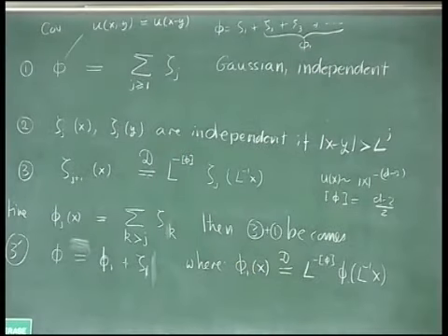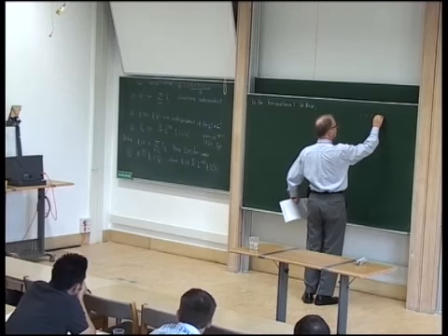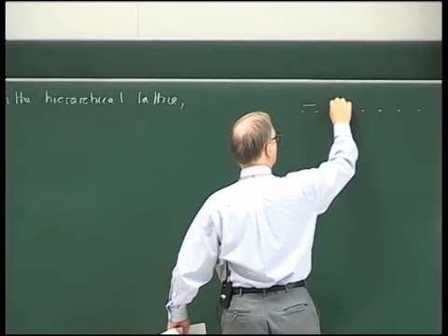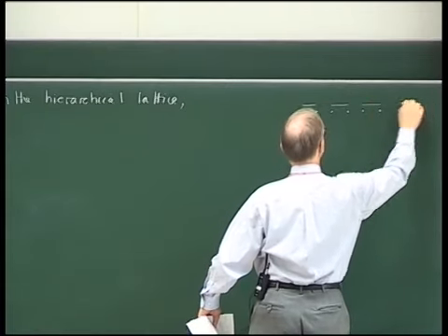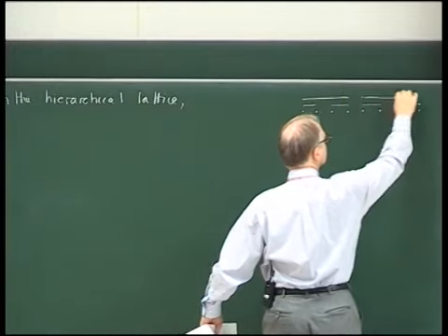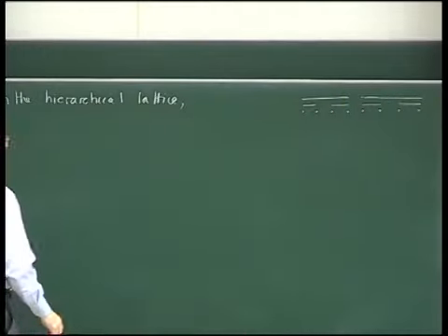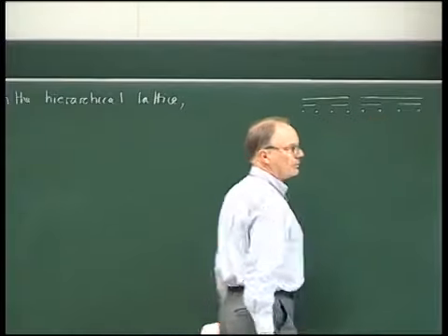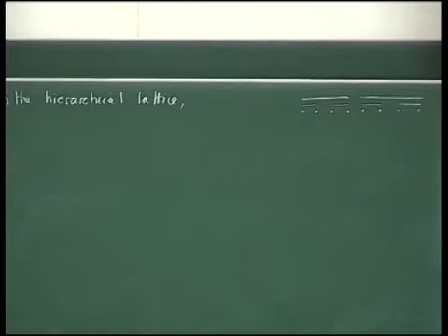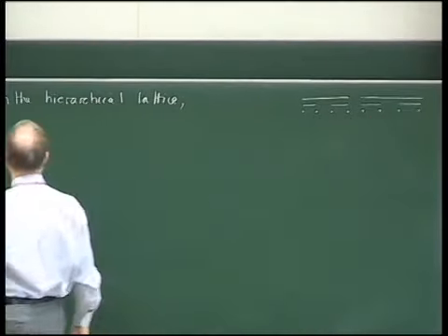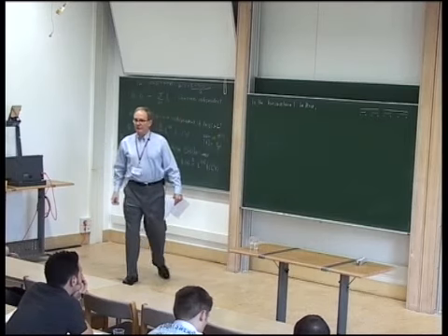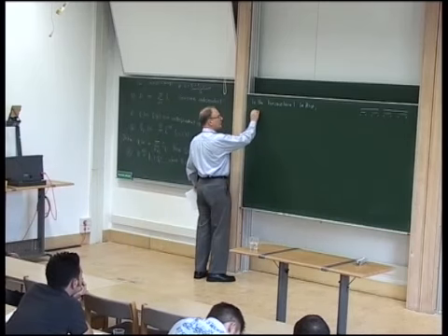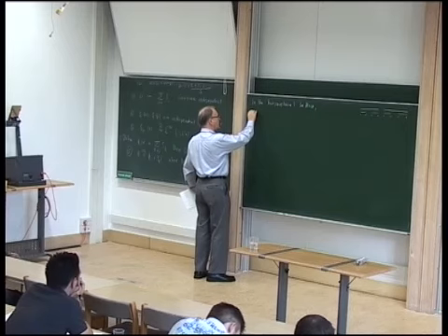So remember, hierarchical lattice, I'm drawing a one-dimensional one here, but of course we're interested in higher dimensions, had this kind of structure for the balls. And for the hierarchical lattice, L inverse was simply the operation of shrinking these balls down to a point. I think I didn't tell you last time what the group structure is on the hierarchical lattice, so I should mention that. This is something I should have said last time. Group structure.